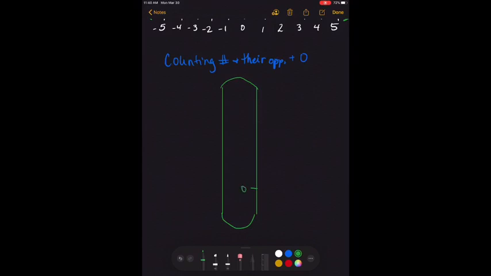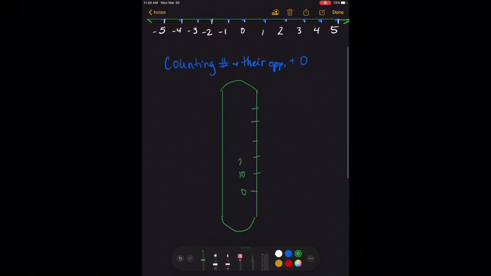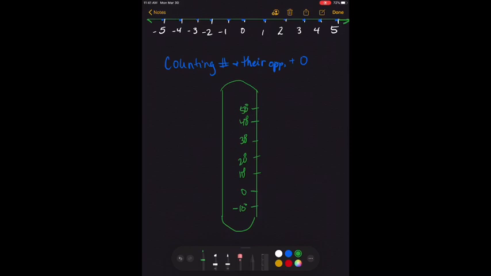So here's my 0. Ten, 20, 30, 40, 50 degrees. What falls below 0? Well, -10 degrees. So we don't ever get that cold in Texas, but some places do.